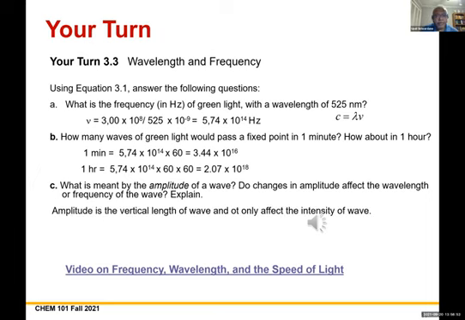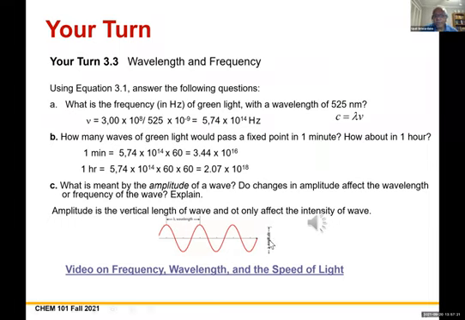Amplitude is the vertical length of a wave, from top to bottom. If you look at the diagram here, lambda is given here, and that vertical length on the side here is the amplitude.